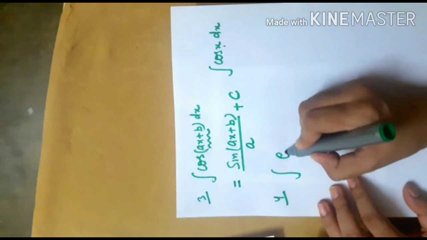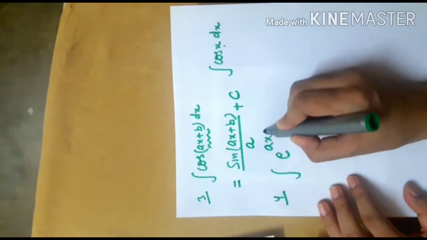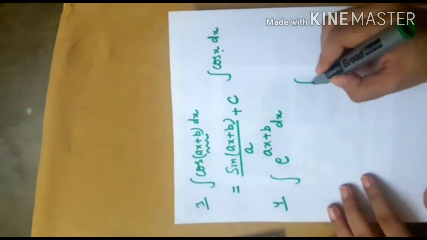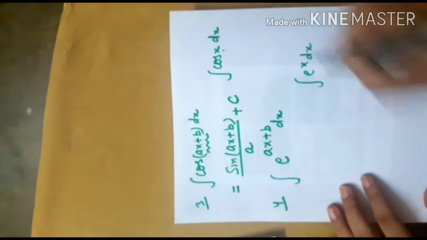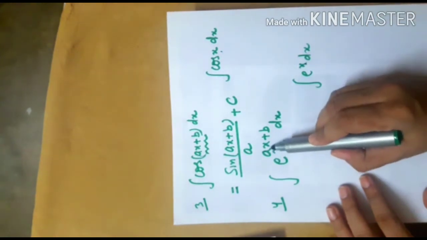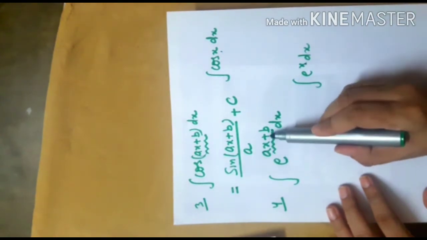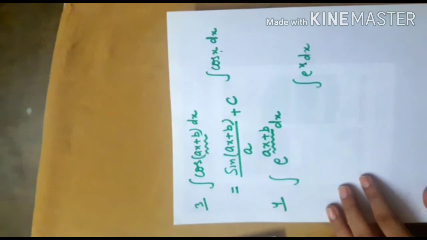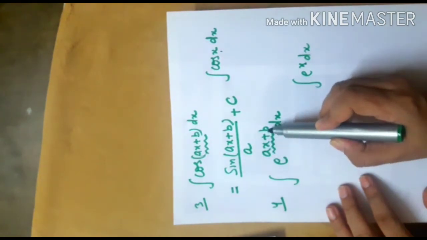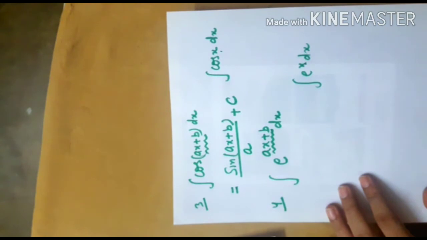Similarly, the integral of e raised to the power ax plus b dx. This integral is of the form e raised to the power x, where the role of x is being played by ax plus b. And note that the derivative of ax plus b is a, which is a constant.